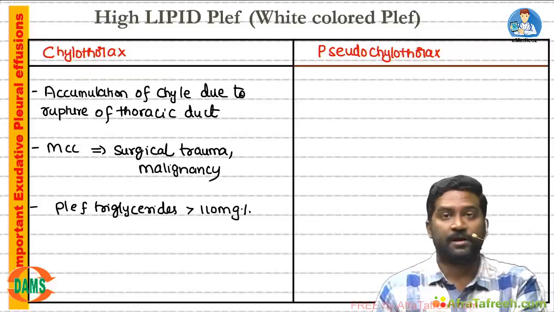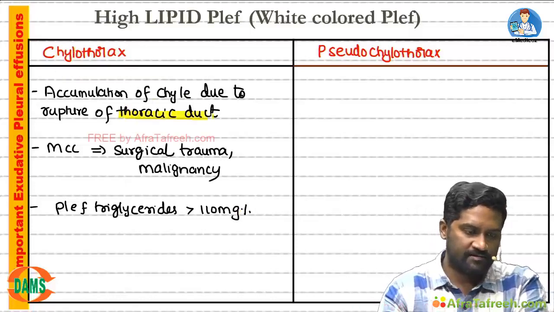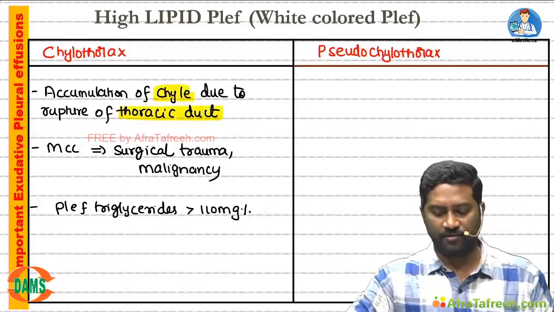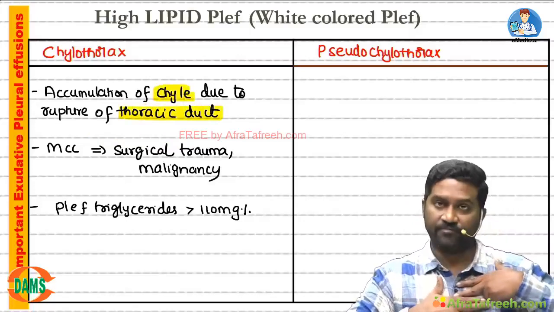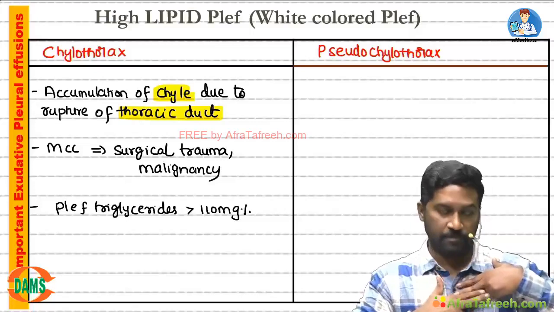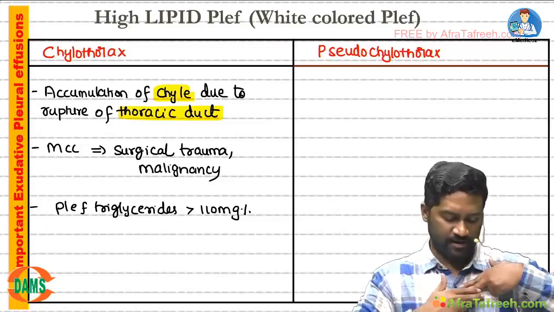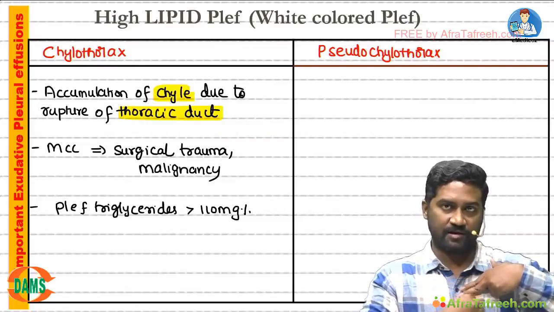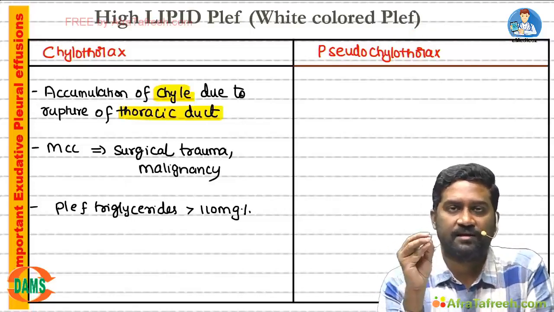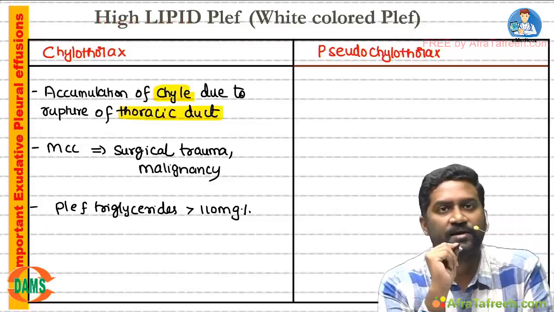Now let us see the mechanism of chylothorax. You must be knowing your thoracic duct is a structure which carries chyle in your body, and the thoracic duct is also a mediastinal structure. So whenever the thoracic duct is damaged, adjacent to that there will be the mediastinal pleura. So this mediastinal pleura can also be damaged. Because of that, the thoracic duct contents can go into the pleural space. Because the thoracic duct content called chyle is going into the pleural space, this phenomenon is called chylothorax.